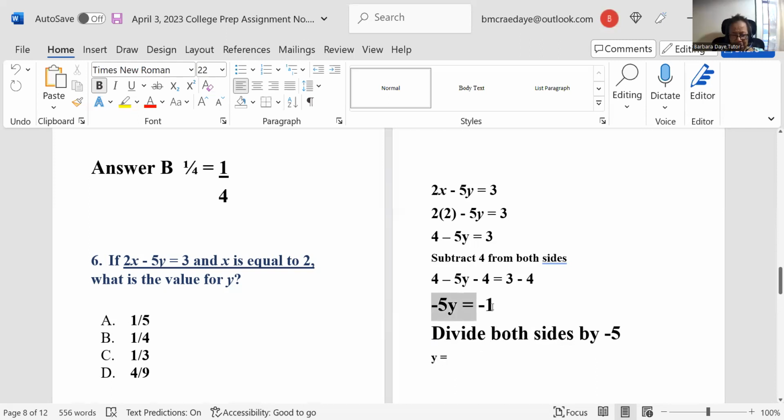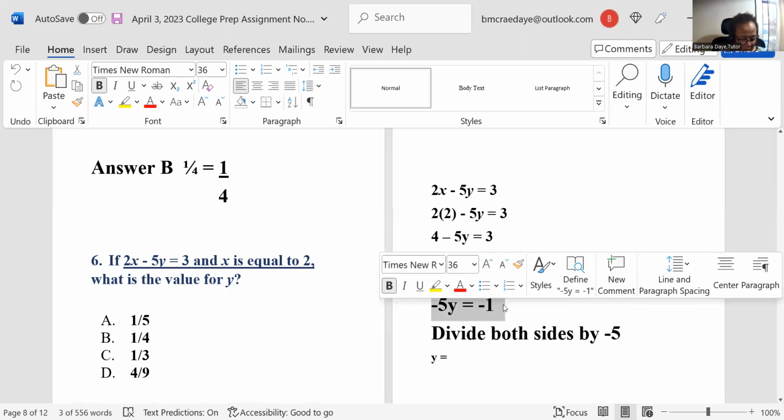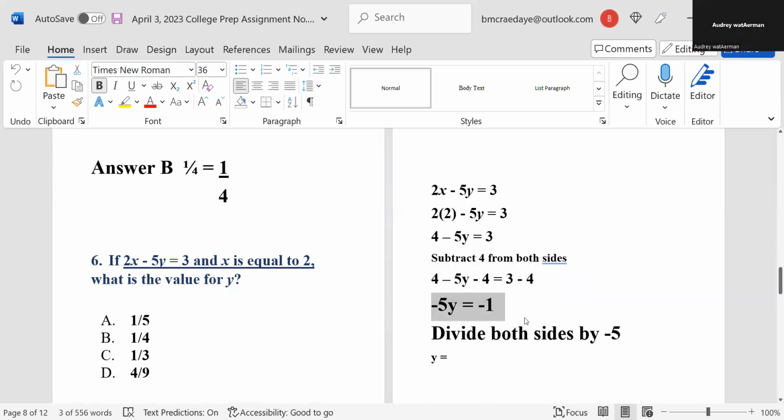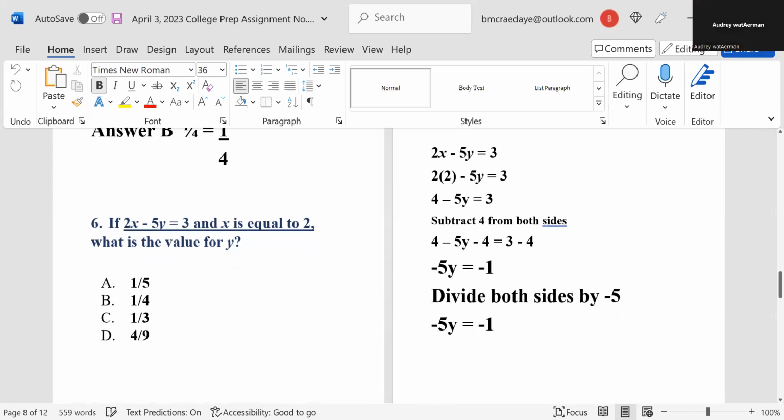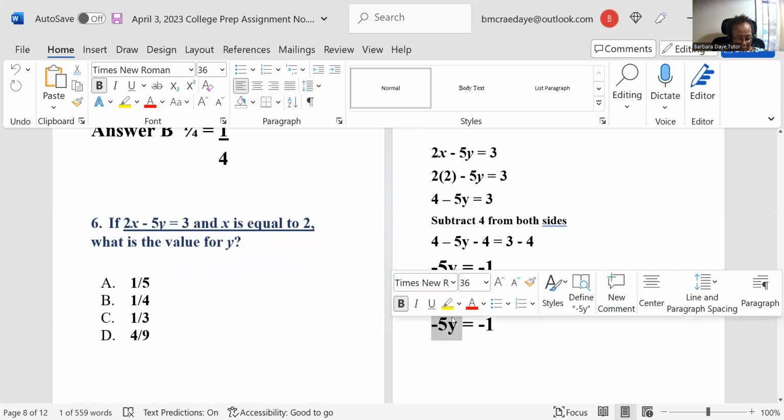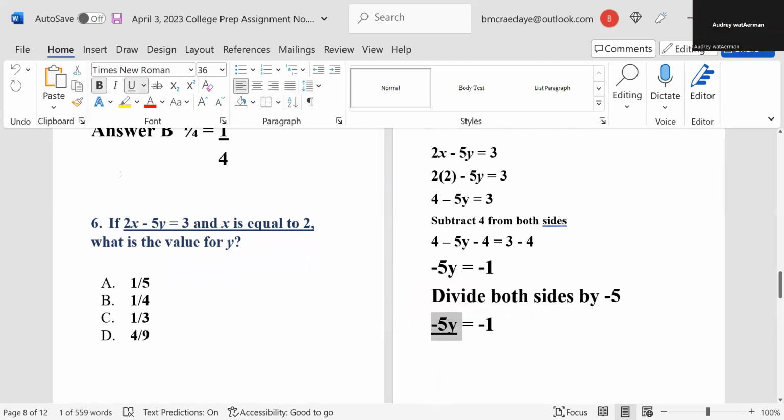Let me write it down. Now we want to divide by -5, and divide this right side by -5.